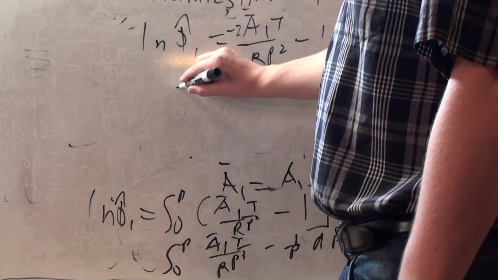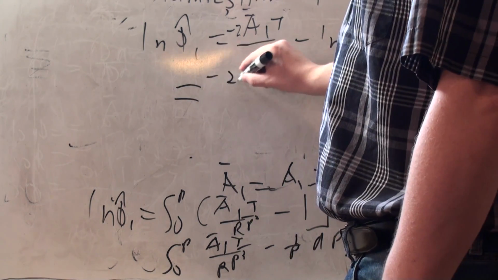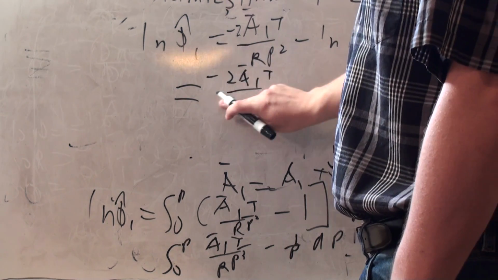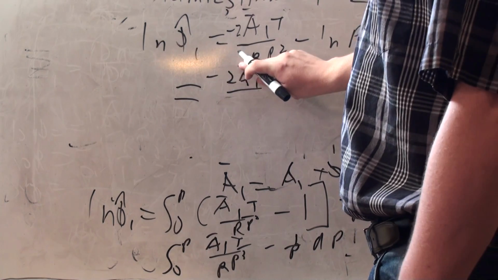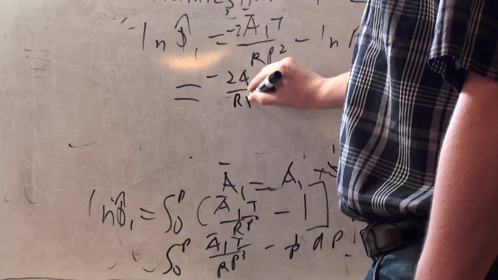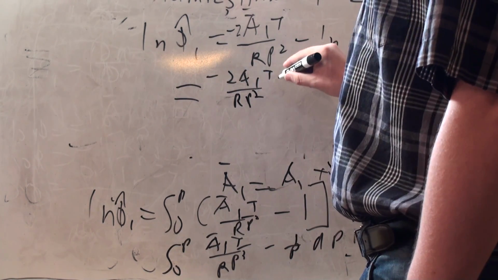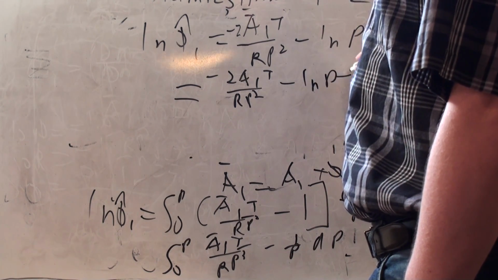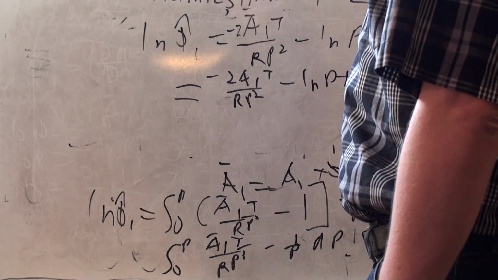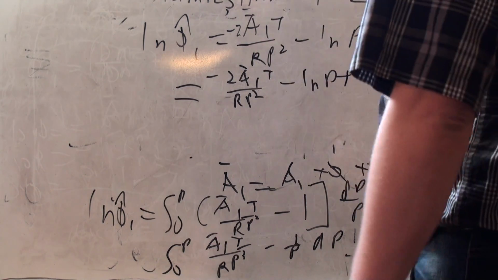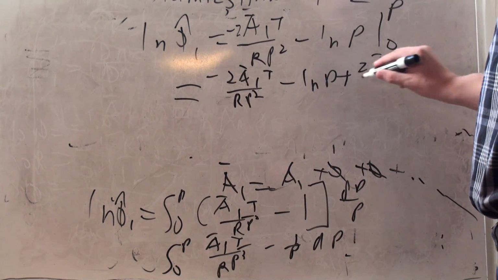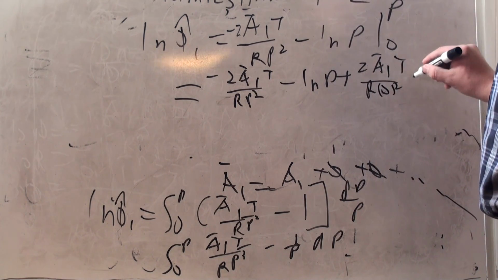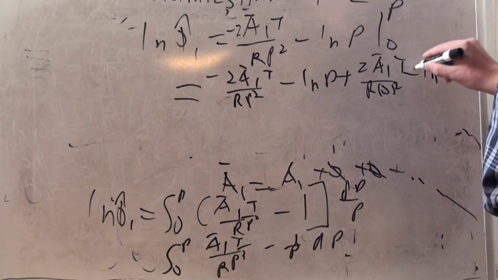I have minus 2 partial molar A1 T over R P squared minus natural log of P, plus 2 partial molar A1 T over R times 0 squared plus natural log of 0.